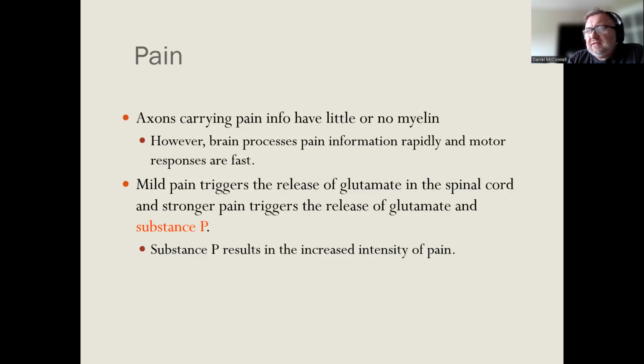But what also happens is there's another neurotransmitter called substance P. And once we see that we are increasing substance P, that's associated with higher levels of pain. So we have two levels of pain reaction here with all of these nerve signals that travel from the spine up to the brainstem: glutamate and substance P primarily, right?